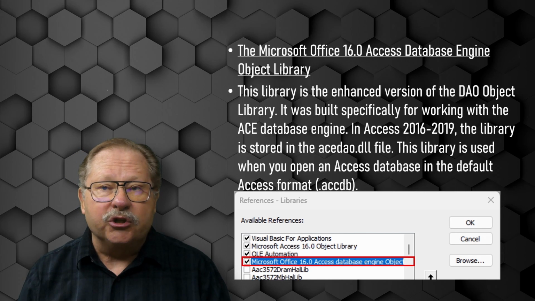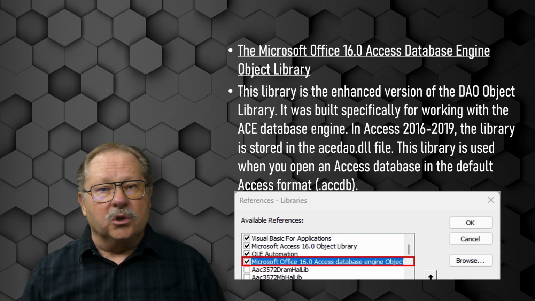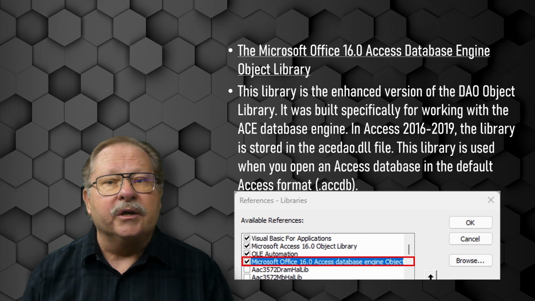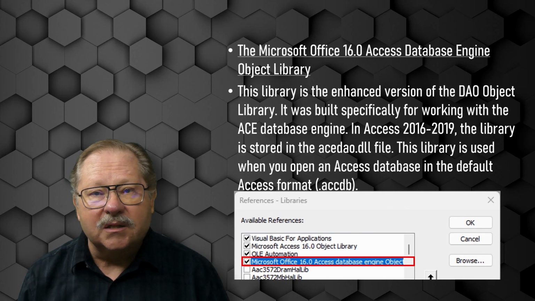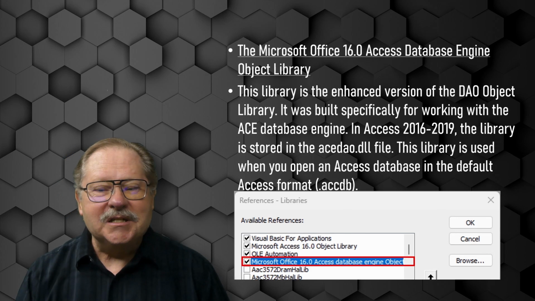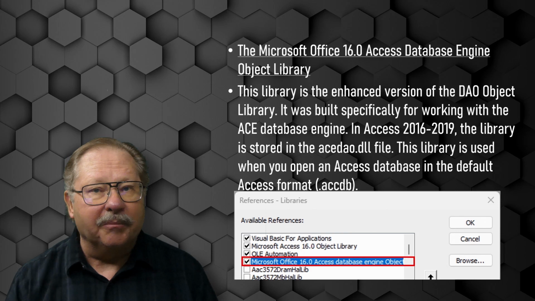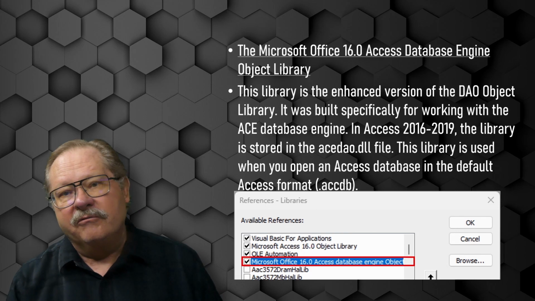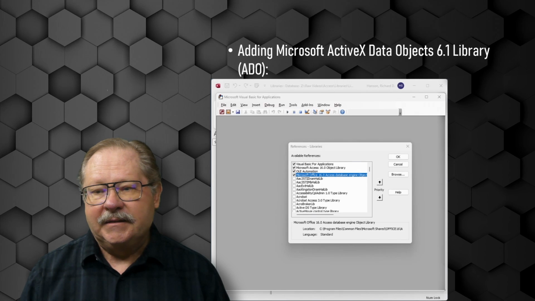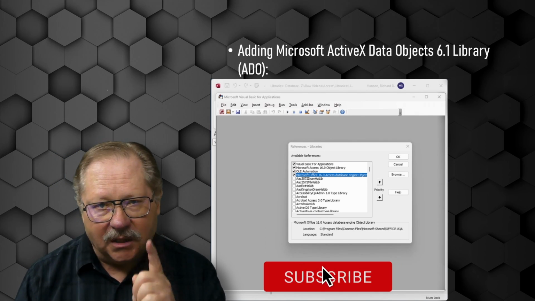It actually allows you to do anything that a user or developer would do when working to create tables or create queries or actually execute queries or forms or do various functions within your VBA code. This library is used when you open Access in the default Access format of ACCDB, for the later versions since Access 2007. Now, let's get on to the idea of that missing library.